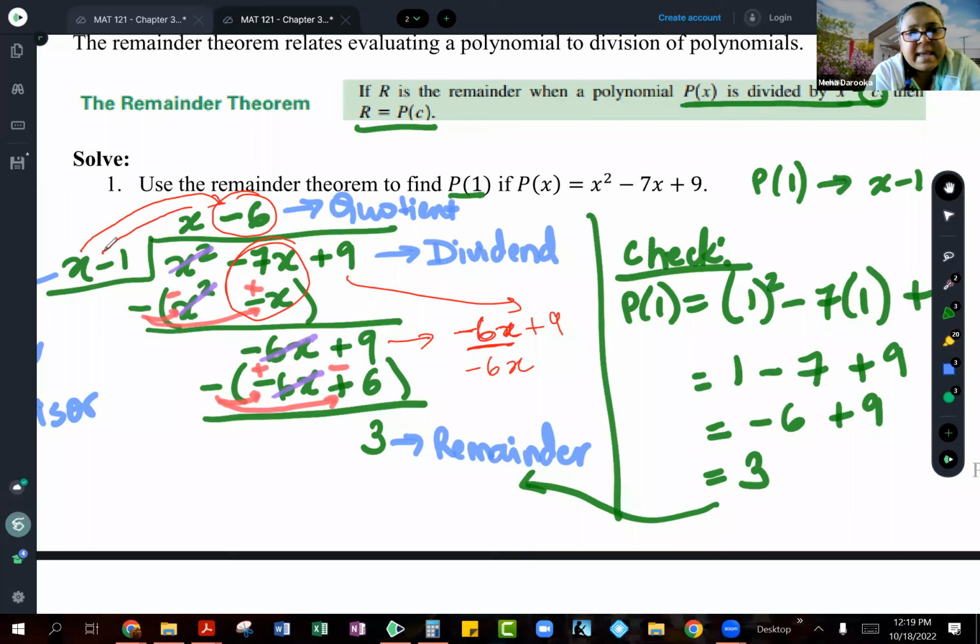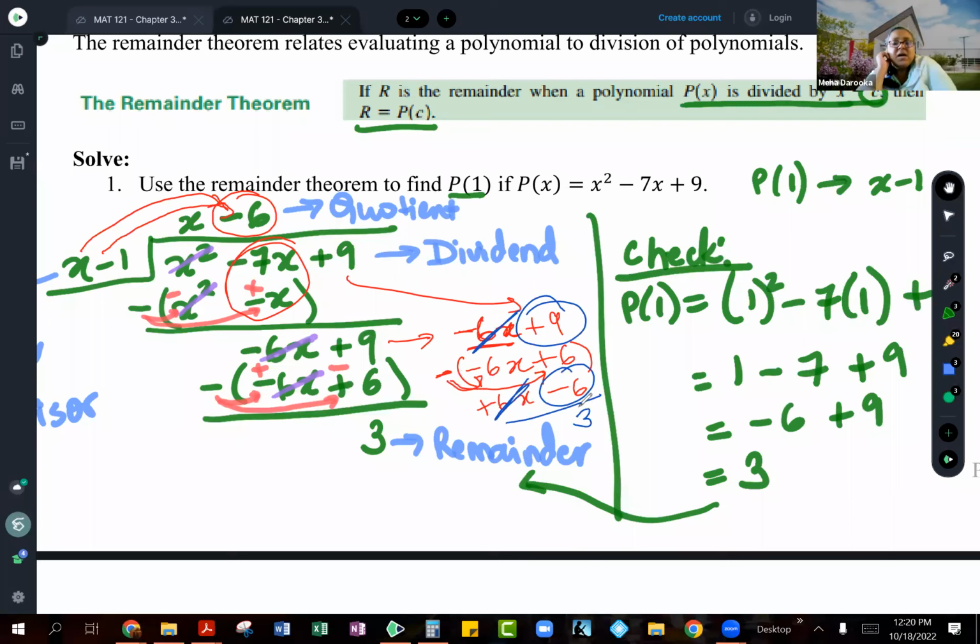You multiplied -1 times -6, which gave you the +6. Then when we subtracted, this one became +6x and this one became -6x, and we could cancel these two out. We could add these two, which is where we got the 3. So whenever you are working with long division, this is what it breaks down into.